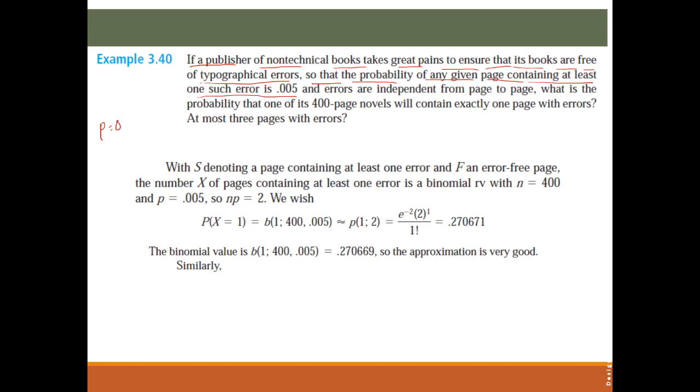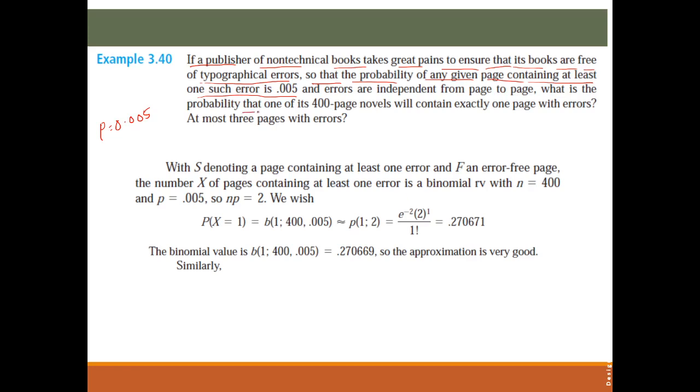So the probability of having an error in a page is 0.005. That means p is very small, and errors are independent from page to page. So there are only two possible outcomes: either there is an error or there is no error.